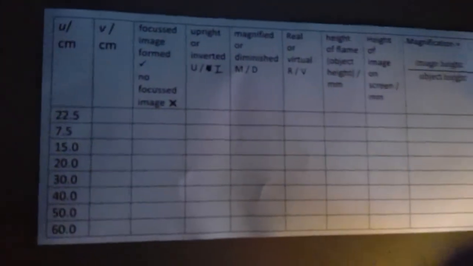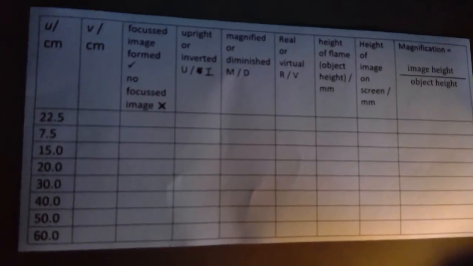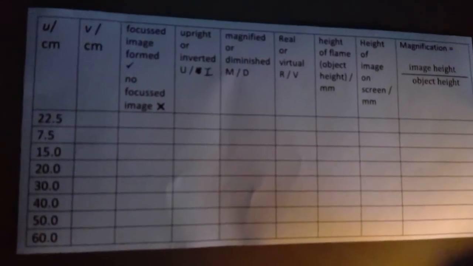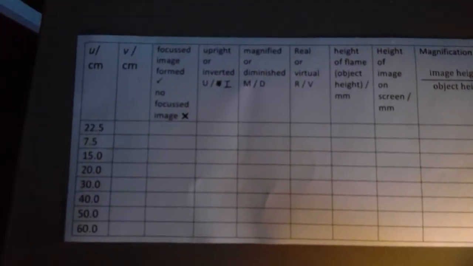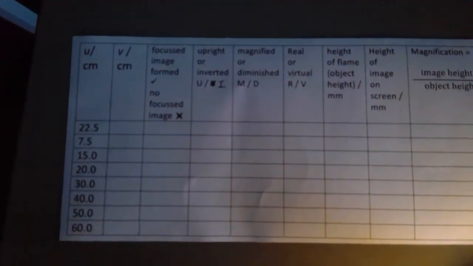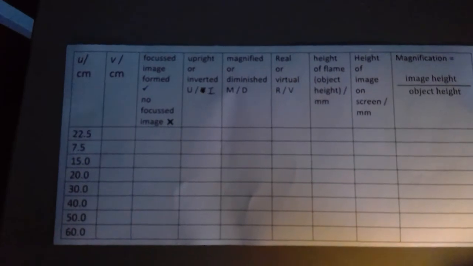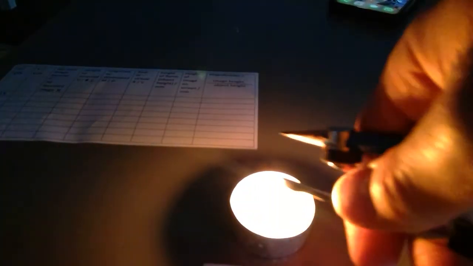So there we have it, your results table should be filled in. You can use those values to get the magnification. Don't forget the flame height that we put down at the start. Did we put down the flame height? If we didn't, let's measure it now, because we're going to need that. So for this one, I'm going to get the calipers and get right down to the right level.